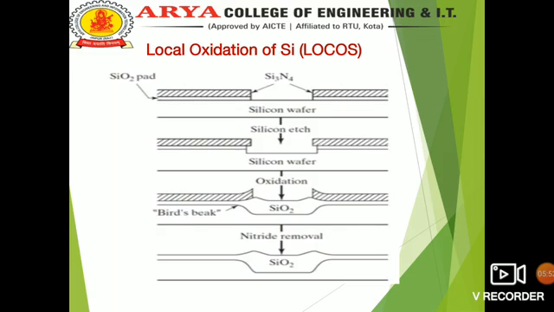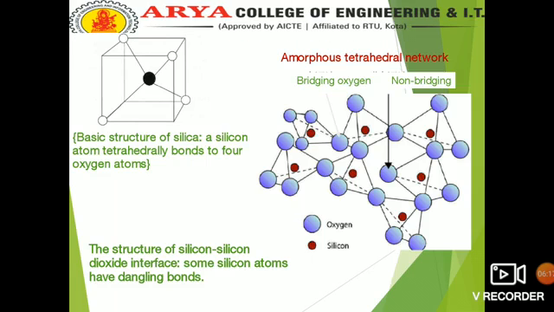When the silicon etching is done, then oxidation is processed, and after that the nitride is removed. This is the basic structure of silica.